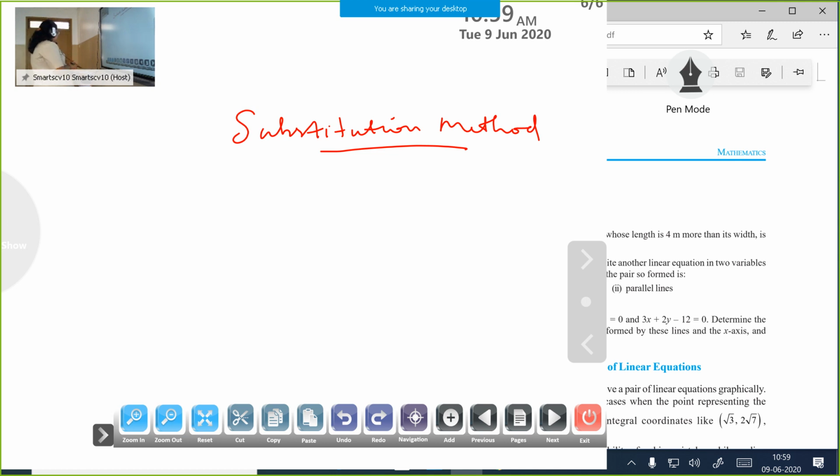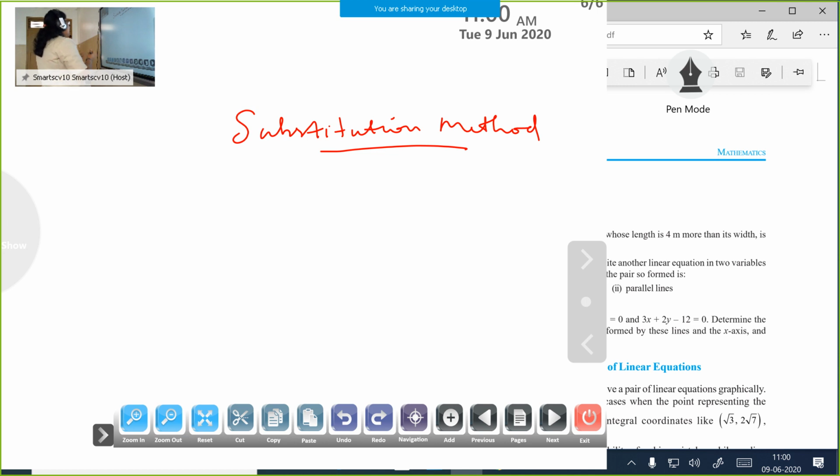In this method, we find the value of one variable from any one of the equations and substitute this value into the other equation to find the values of x and y.